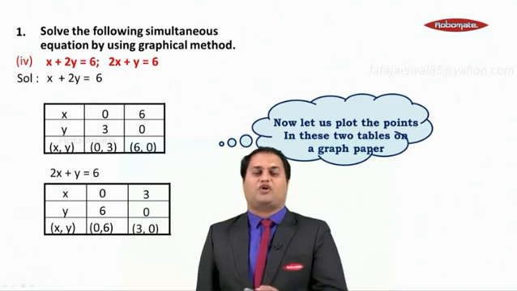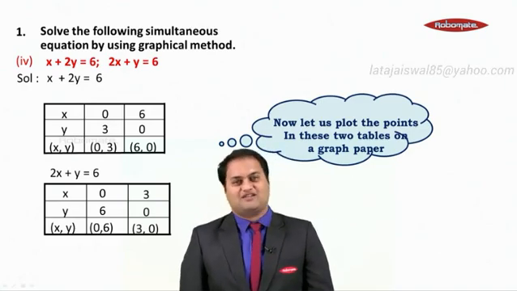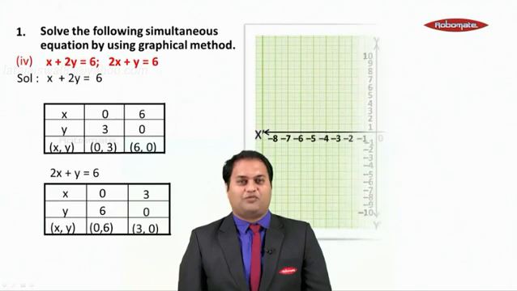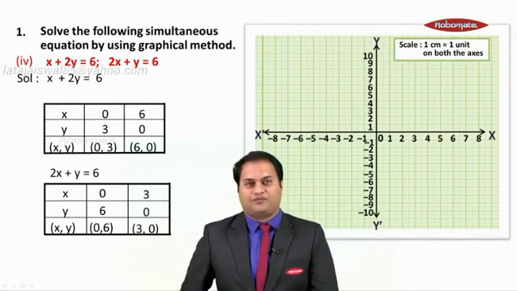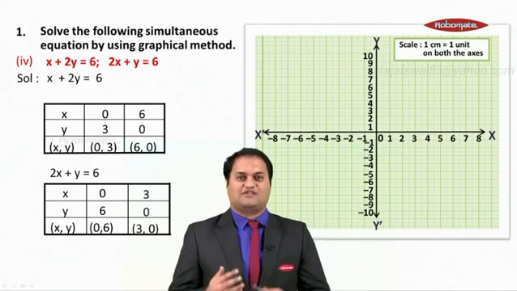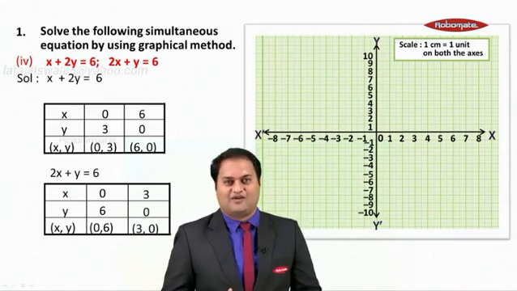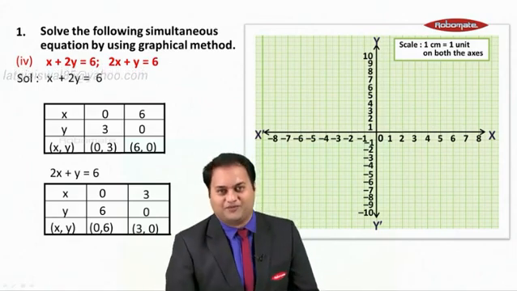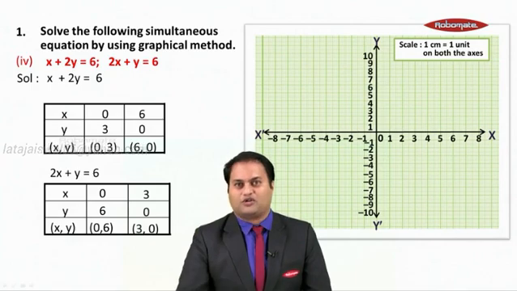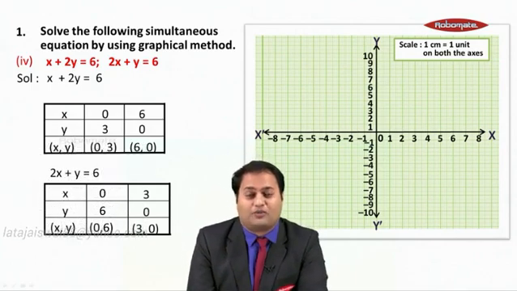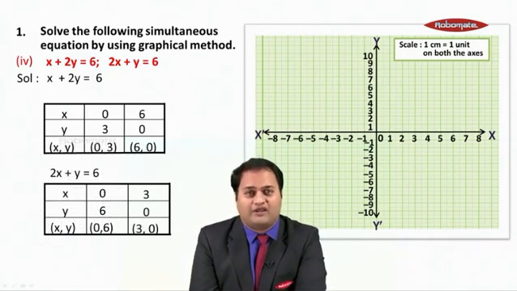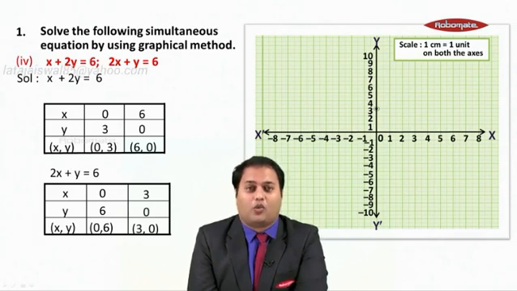Now let us plot these points on the graph paper. As discussed earlier, how to make the graph paper? We should draw it this way: lines, axis, origin, scale. And don't forget to write the question number. Let's plot. Let's first plot the points of the first table. 0, 3 will lie on the y axis.